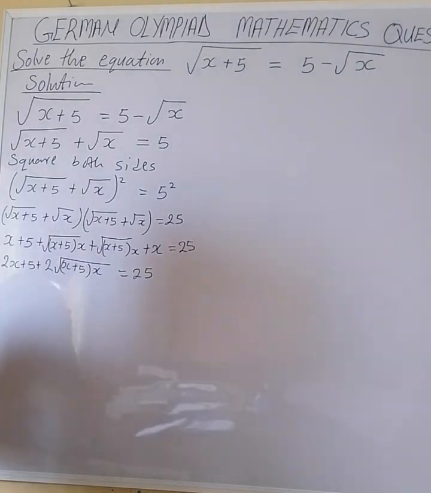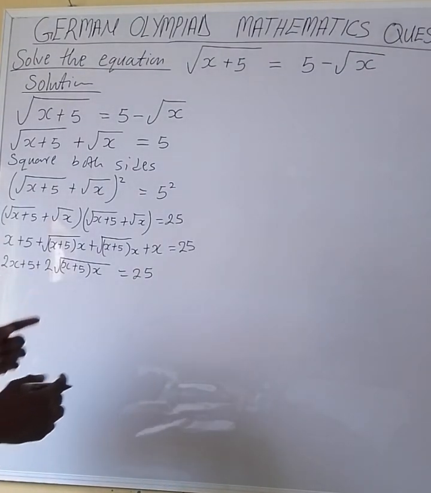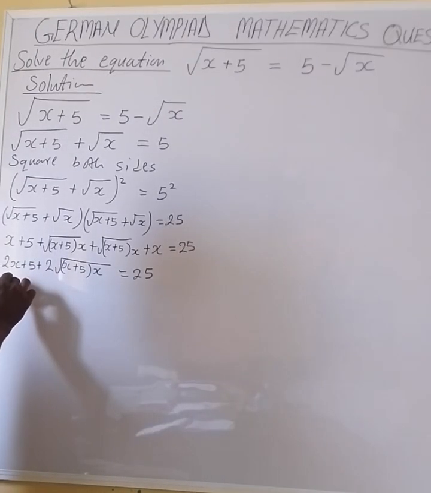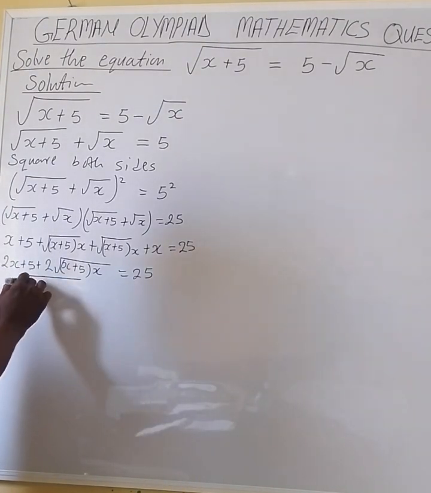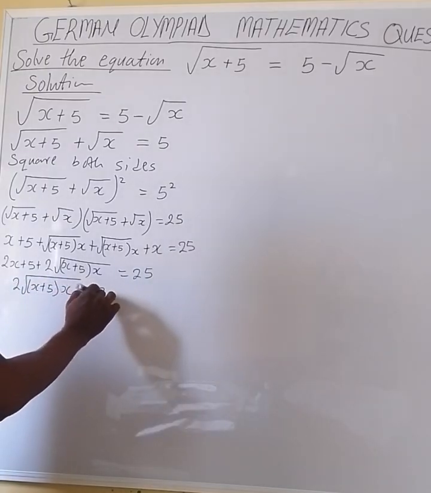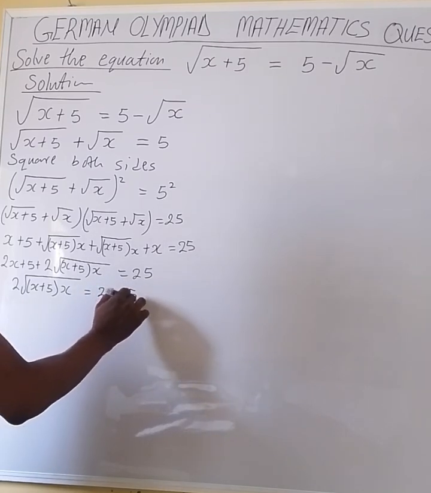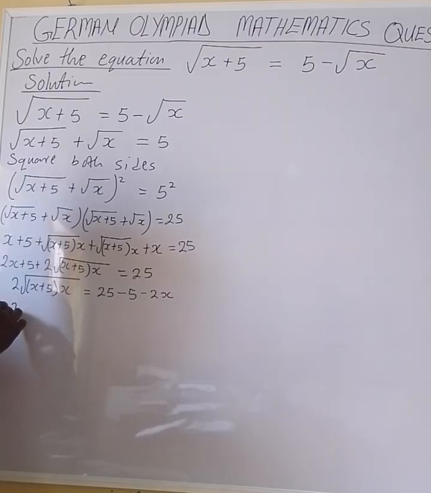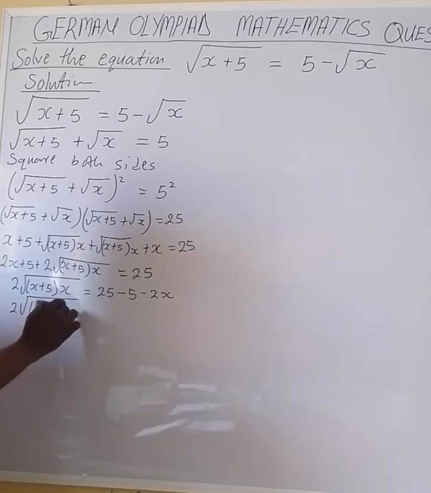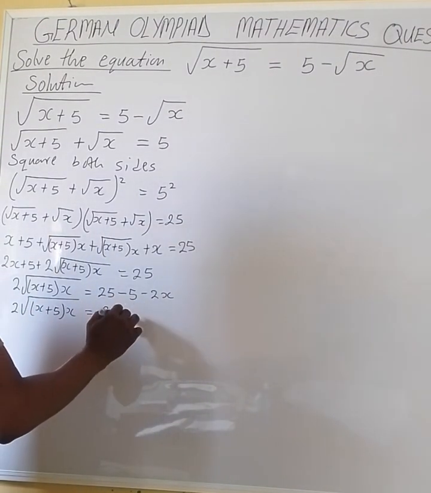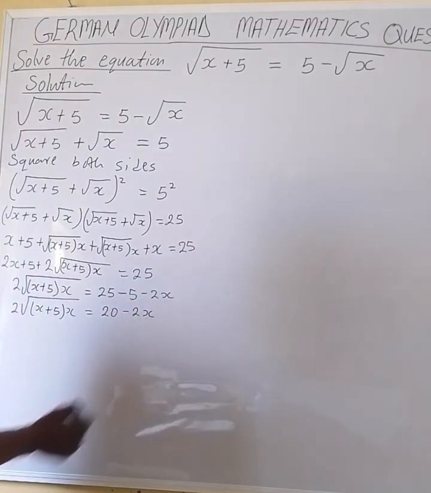Having done that, the next thing is to take this to the other side. So we now have 2 into square root of x plus 5 into x equals 25 minus 5 minus 2x. So we have 2 into square root of x plus 5 into x equals 25 minus 5, which will give us 20 minus 2x.